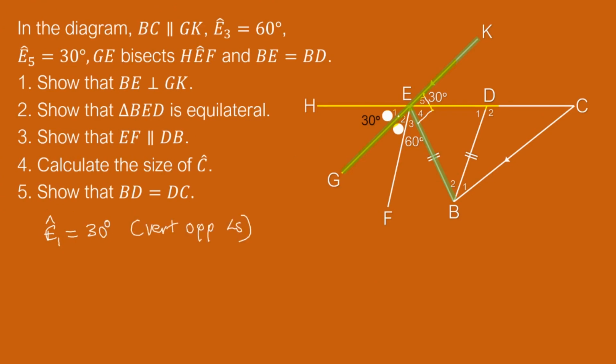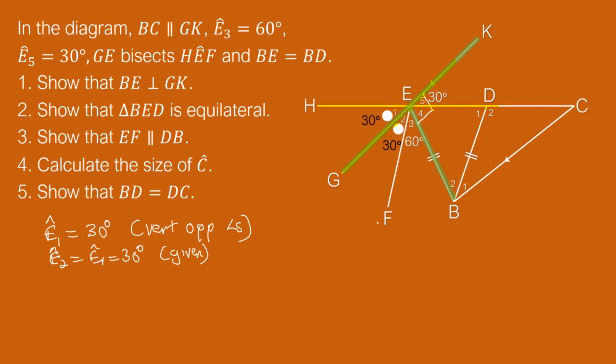But we're told that E1 is equal to E2 because GE bisects HEF. So E2 is also 30 degrees. So E2 is equal to E1, which is equal to 30 degrees. You can say we're given that.